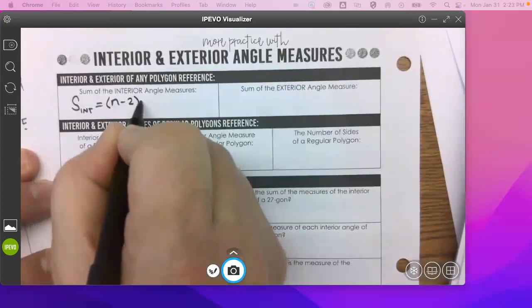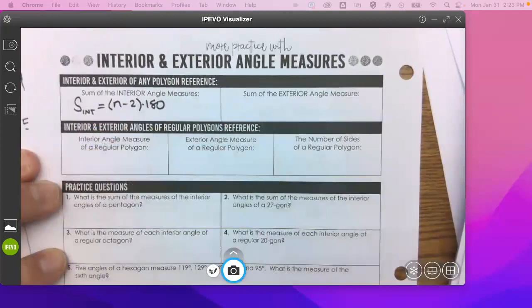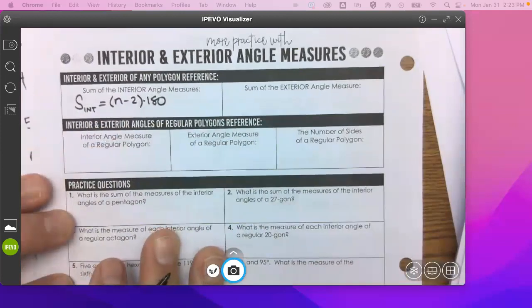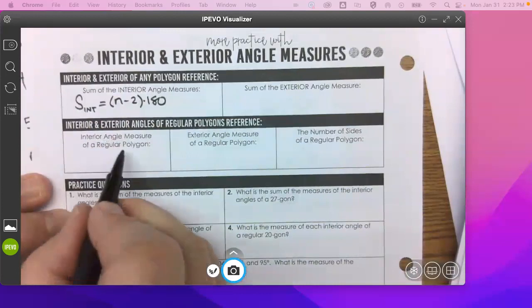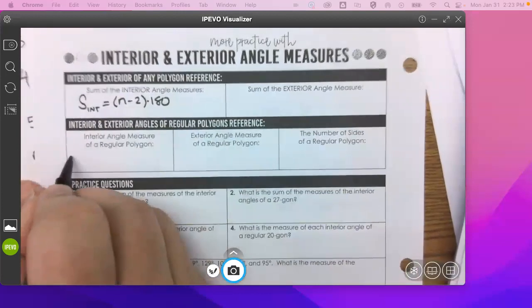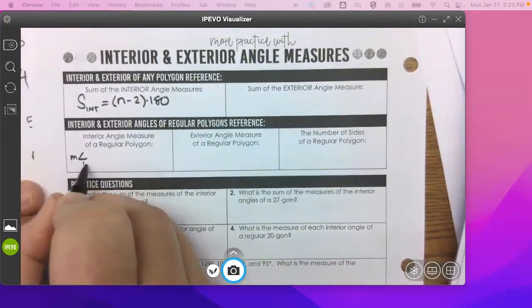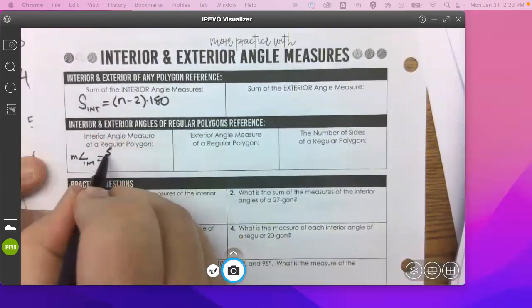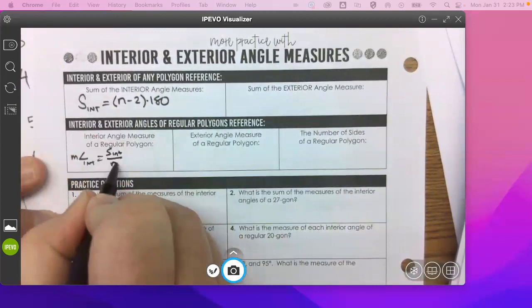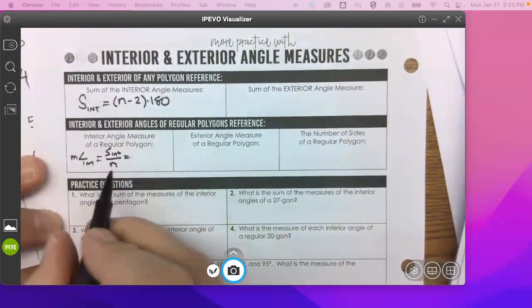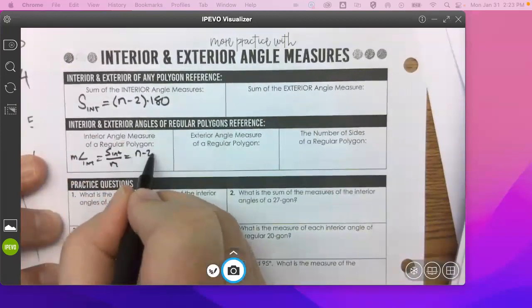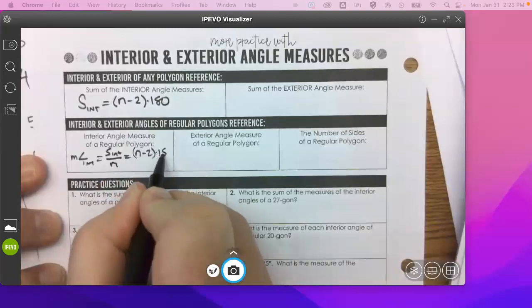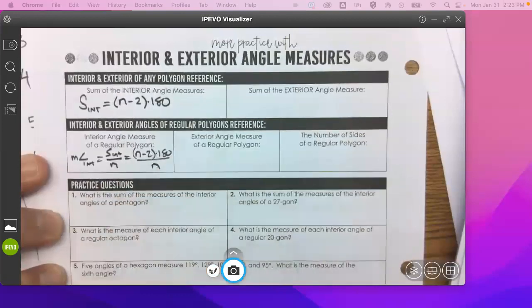Or was it Tierney who said this? I don't remember. n minus 2 times 180. And then if we want only a single interior angle, we take that same sum and divide it by the number of angles, or n, which means we do (n minus 2) times 180 over n.